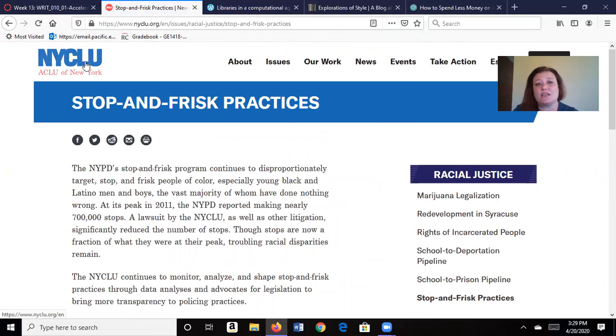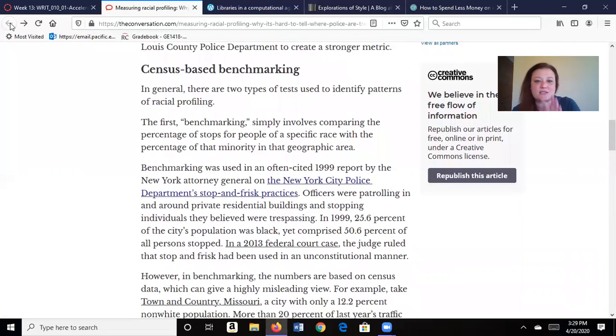ACLU of New York. Okay, so see, we were taken to a site that'll explain more about that concept, but it's not the source used in the paper because the authors of this blog didn't use this source's information. Does that make sense?